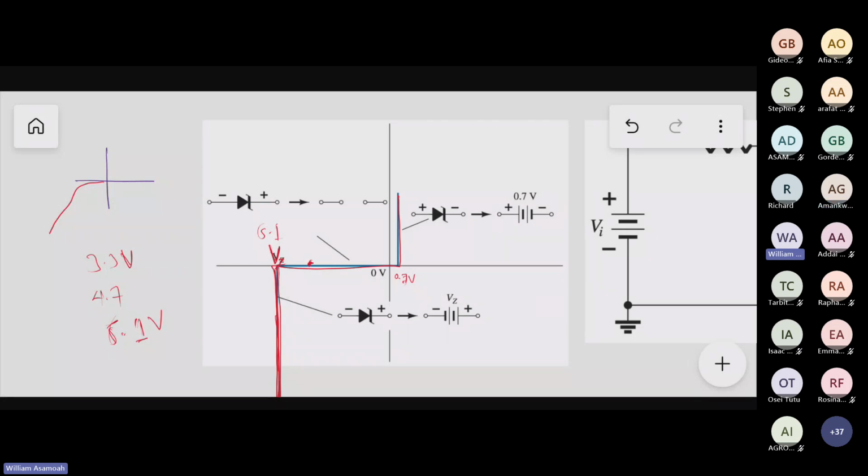Everything is zero. It will not conduct. Voltage is zero. Current is zero. It won't work, because you haven't gotten to it.